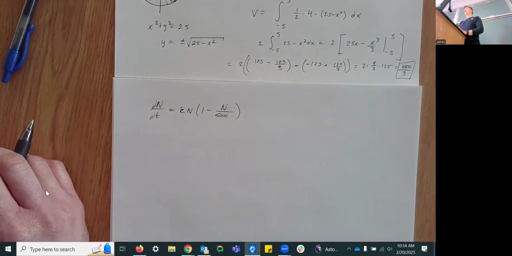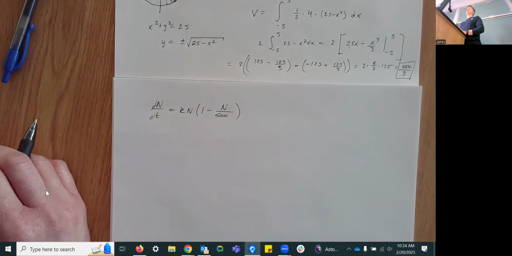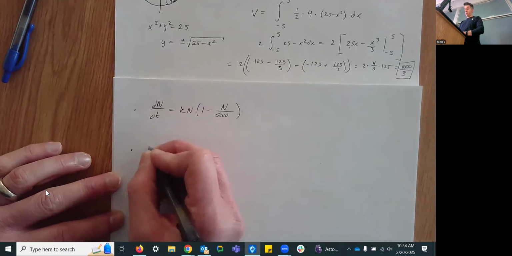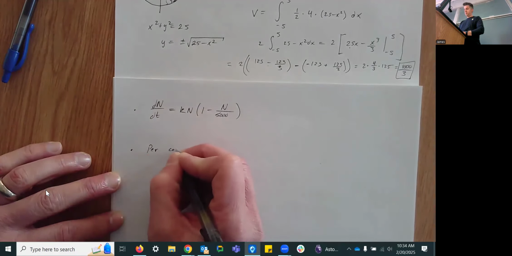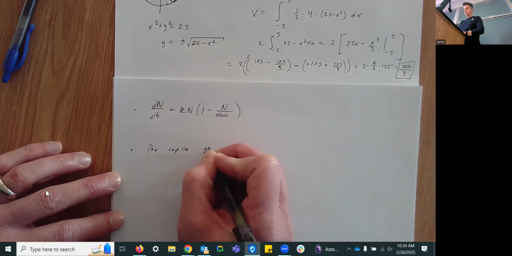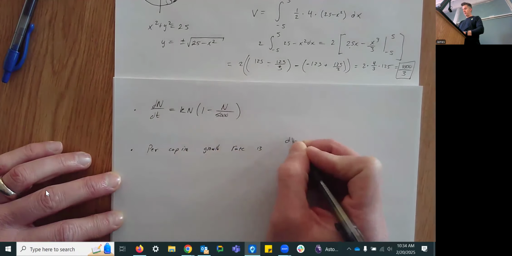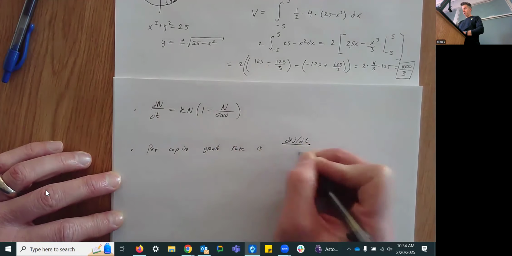Well, should I say per capita growth rate at a particular value of t, or just in general? Okay, so that's a good question. Usually per capita growth rate is your rate of change divided by your population size.